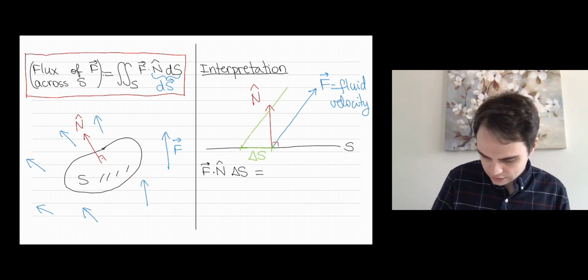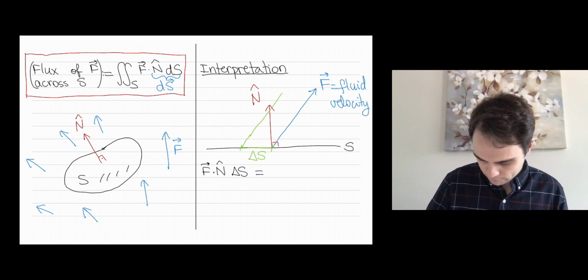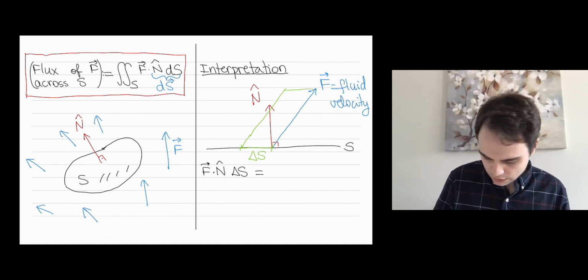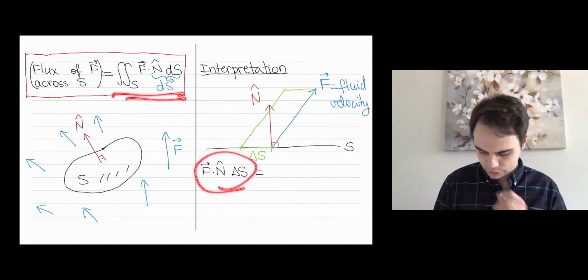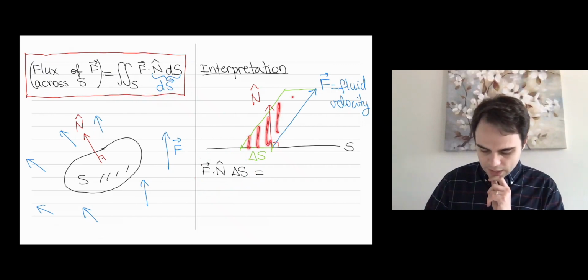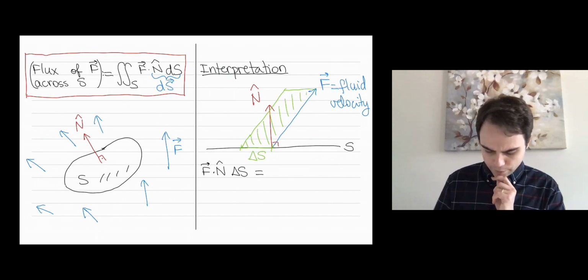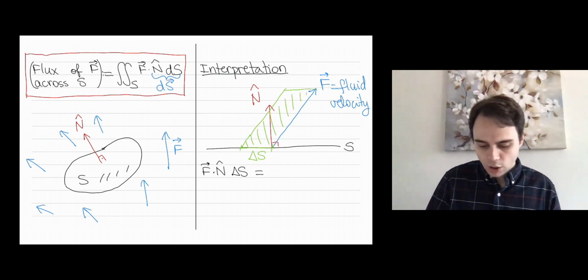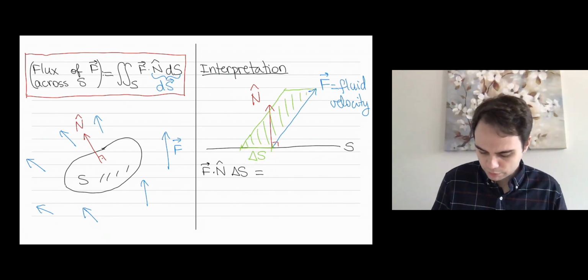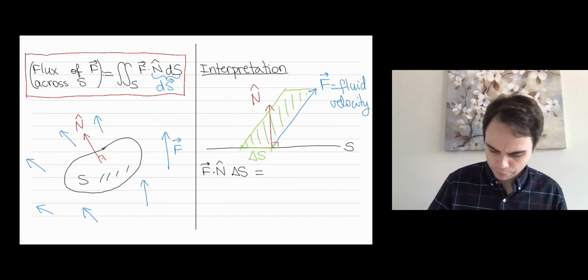I'm saying that these numbers that I'm adding in the integral give me the volume of this tower of fluid over here. It's the volume of fluid that crosses delta S in 1 unit of time. And here's why.